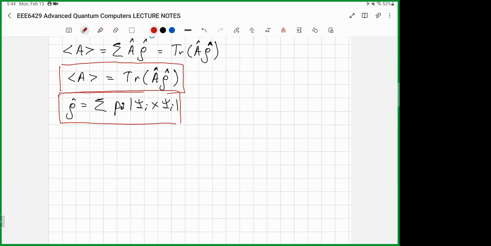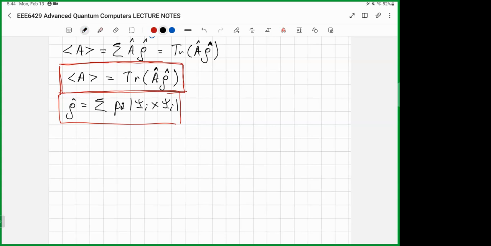The second one is the definition of the density operator, and the first one is the main formula in this story, because this formula allows you to calculate the expectation value of any operator for a known density matrix.